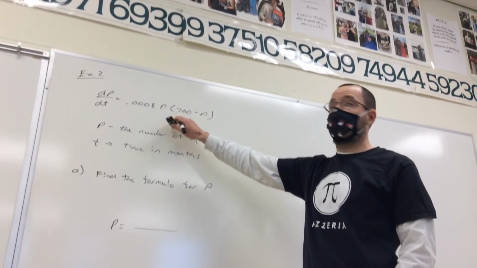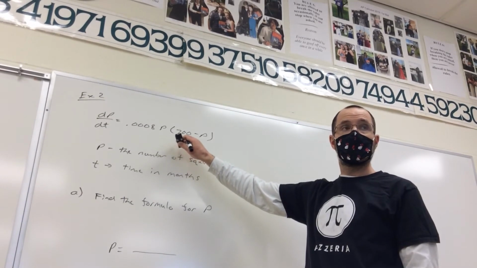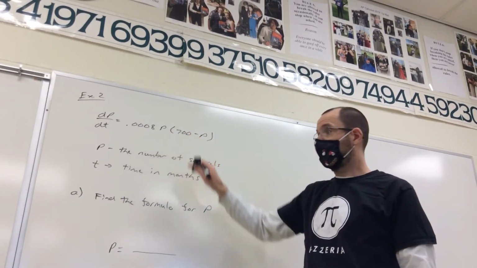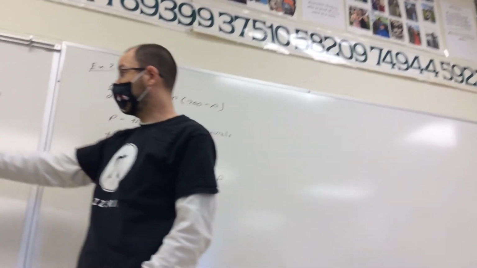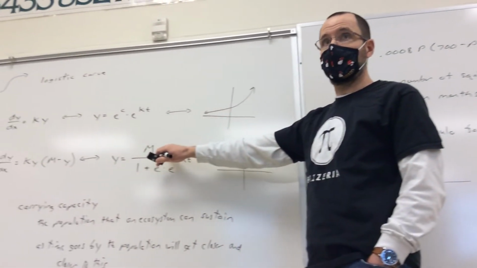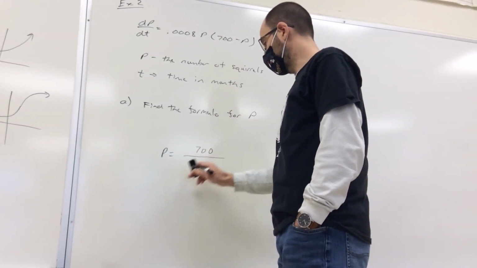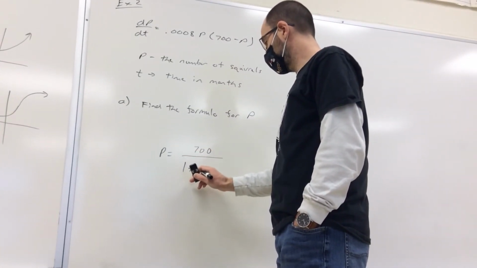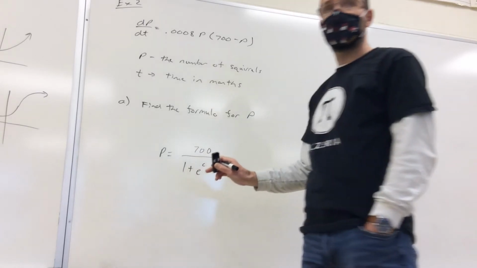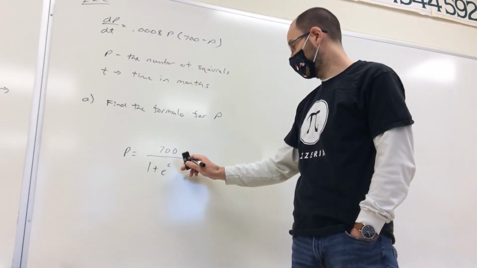What's the number for M? 700, right? So apparently that goes on top based on this template. So 700, and then 1 plus e to the c, that stays there, and then times e to the negative.